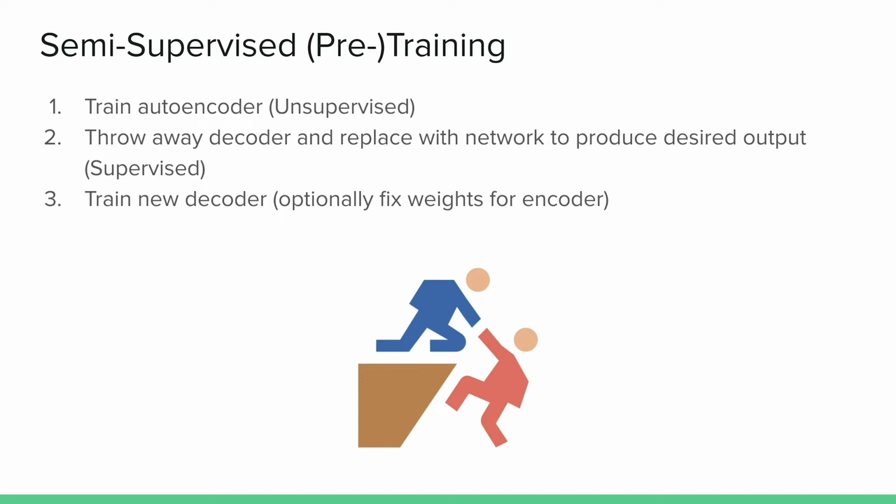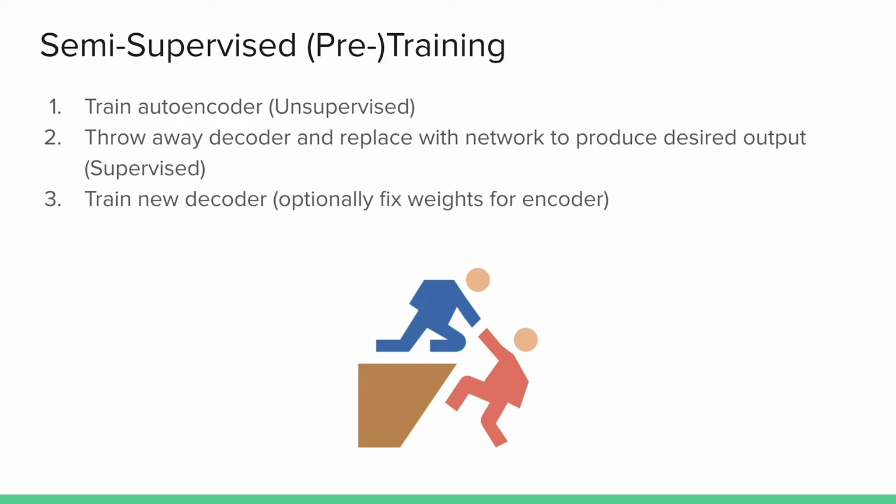So we can pre-train, even for image classification, by training such an autoencoder for some time. Then we throw away the decoder and replace it with another network that produces our desired output. That would then be supervised.